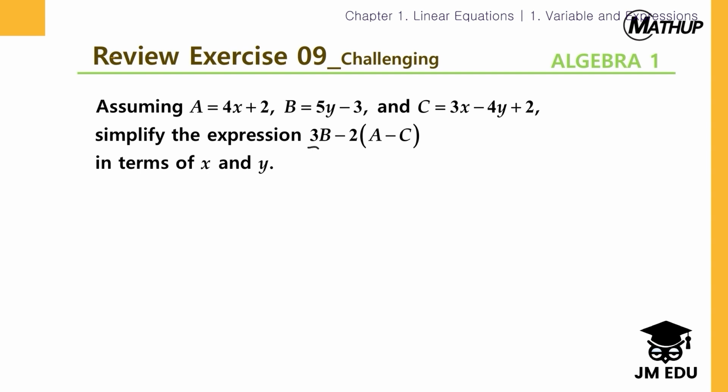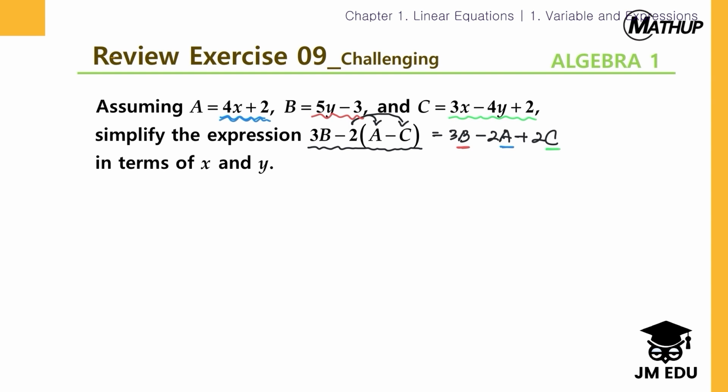If we simplify this expression first, that's going to be 3b minus 2 times a, minus 2 times minus c, that's going to be plus 2c, right? So I'm going to substitute 4x plus 2 for a, substitute 5y minus 3 for b, and substitute 3x minus 4y plus 2 for c. Let's try this.